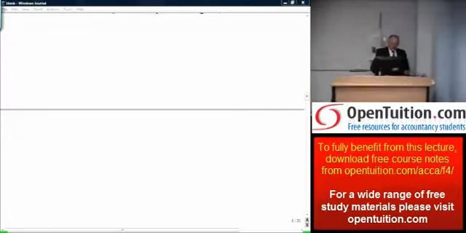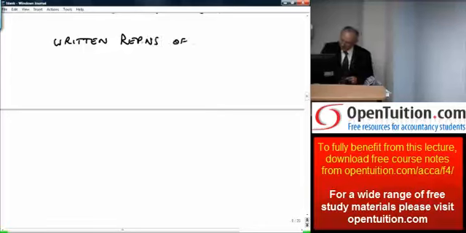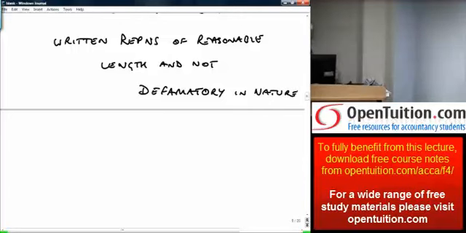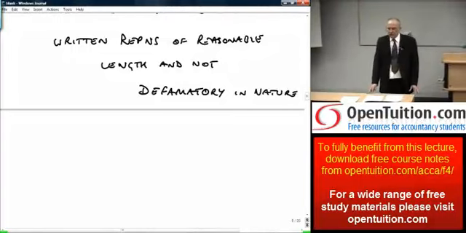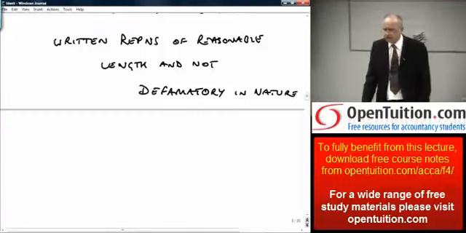Written representations of reasonable length, and not, and it's a strange word, defamatory in nature. And to defame, the verb to defame, is effectively to show bitterness or to character assassinate, to defame somebody.